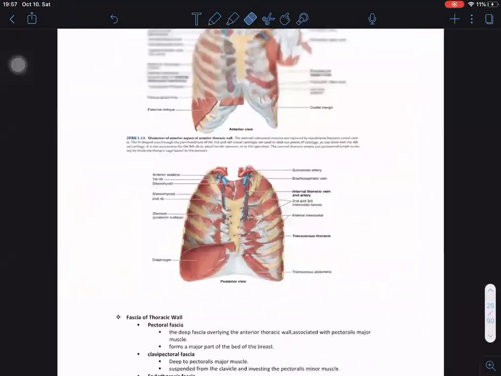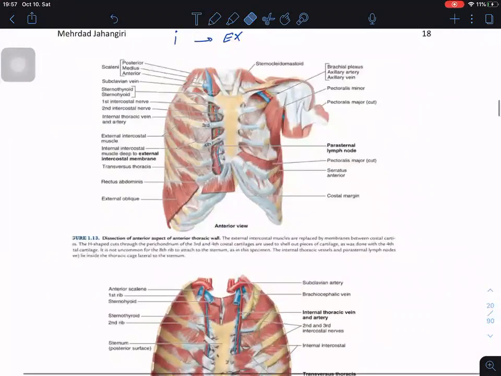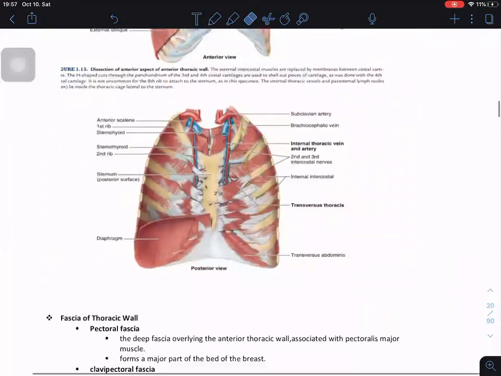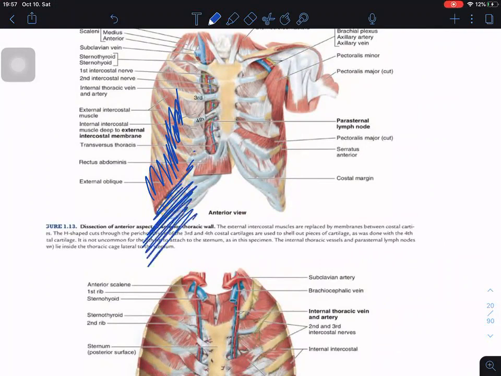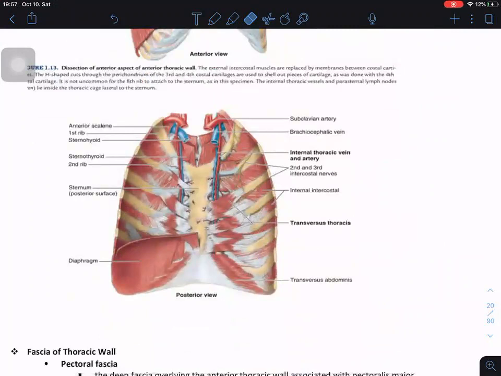Okay, so then we can say the major intercostal muscles and transversus are continuous with the oblique muscles of the abdomen and transverse muscles of the abdomen. So external intercostal is continuous with external oblique. Internal intercostal is continuous in the same way with the internal oblique, and posteriorly, so more deeply, transversus thoracis is continuous with the transversus abdominis muscle.